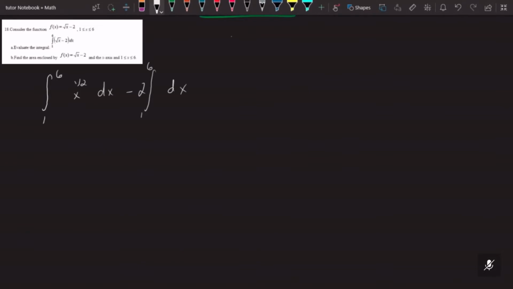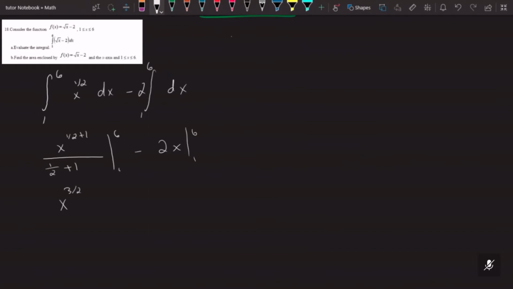And the integral of x to the 1/2 will be x to the 1/2 plus 1 over 1/2 plus 1. And that is going to be evaluated from 1 to 6. Now the integral of 2 is just 2x, and again that's going to be evaluated from 1 to 6.